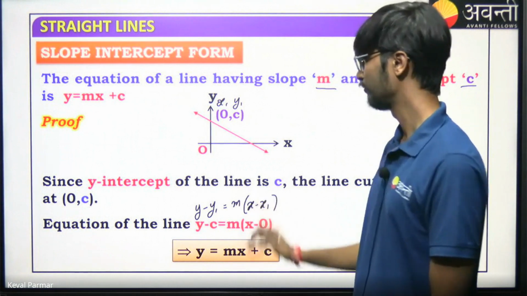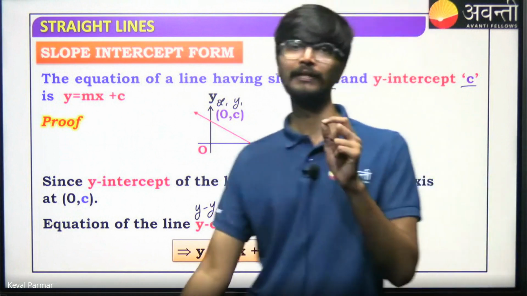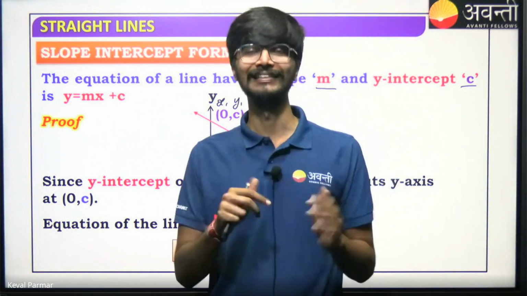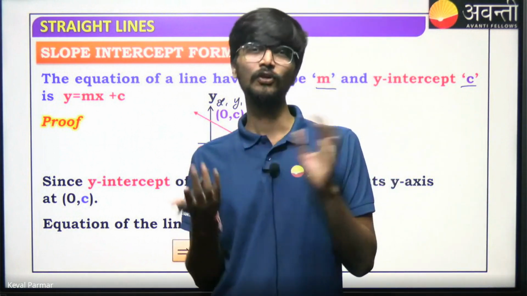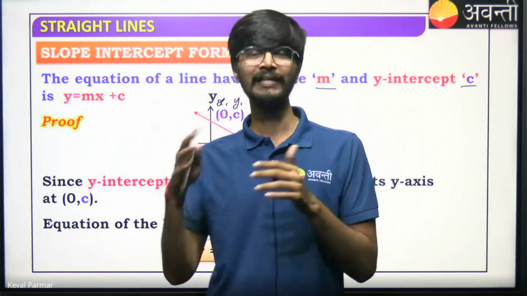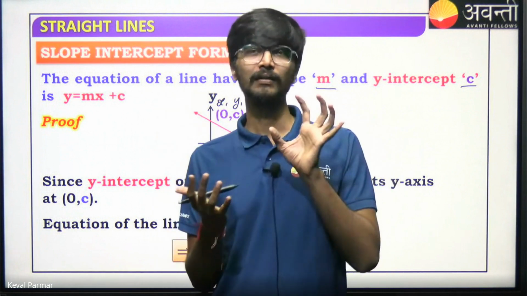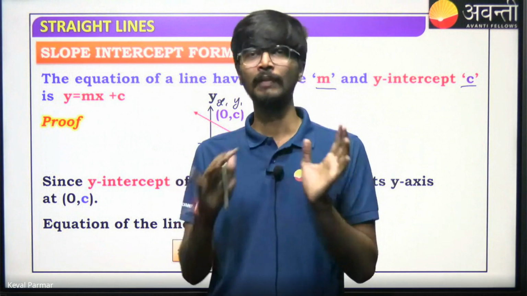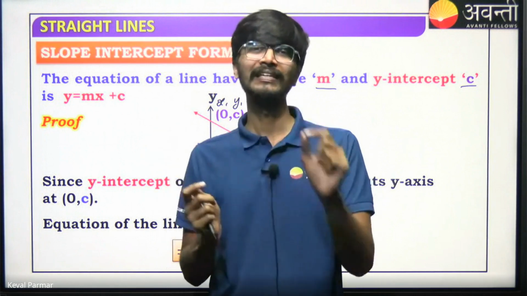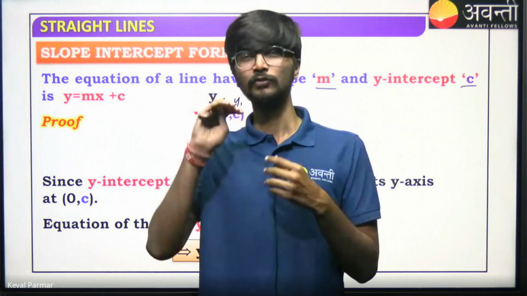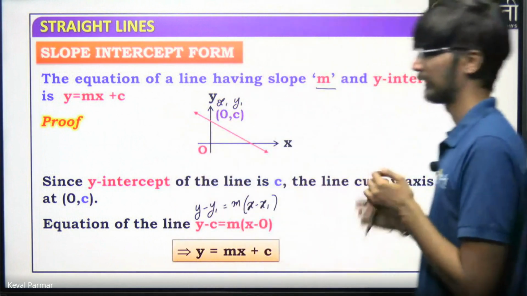Just substitute the values here and we'll get the slope intercept form y equals mx plus c. We may use slope intercept form in many questions, but mostly we'll use slope point form. There are specific questions when we need to use slope intercept form, so we'll discuss that as the question comes.